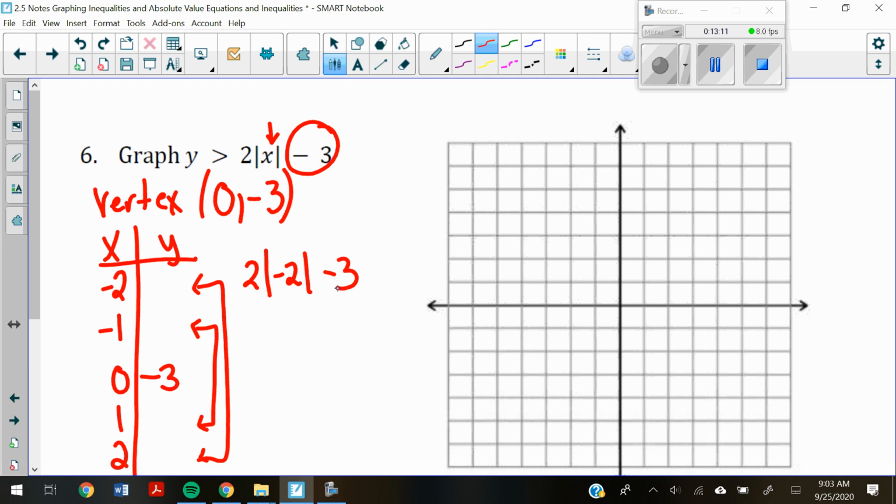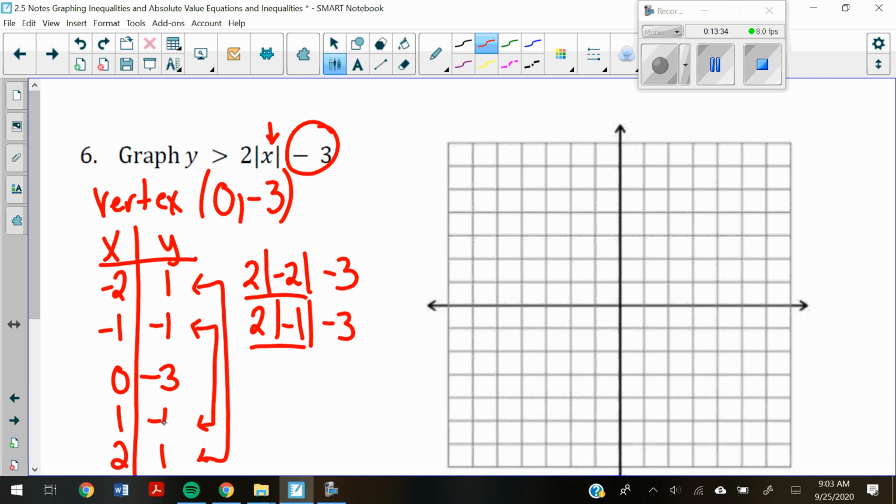The absolute value of -2 is 2. Then I multiply that by 2 here, so I get 4. 4 minus 3 gives me a 1. Now I'm going to plug in -1. The absolute value of -1 is 1, times 2 is 2, minus 3 gives me -1.